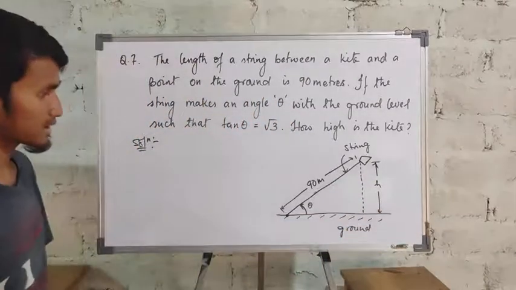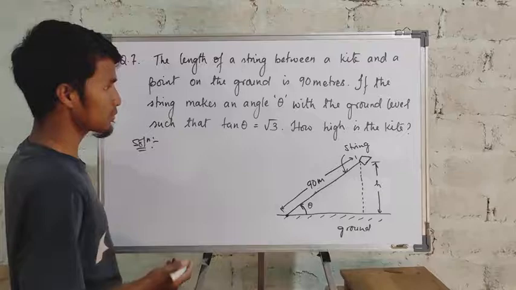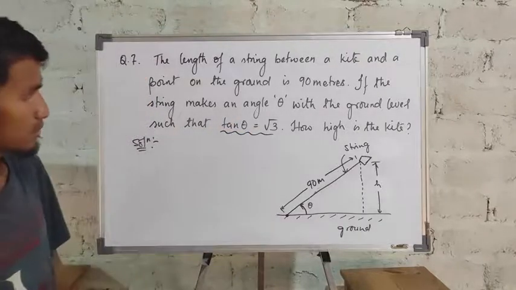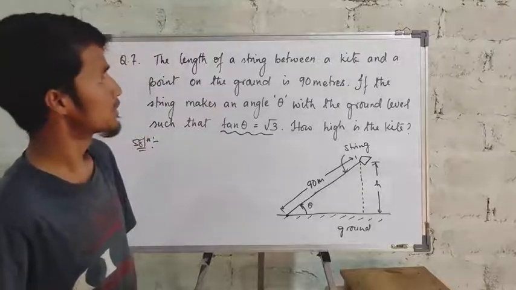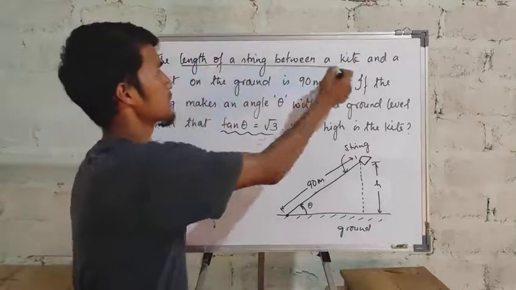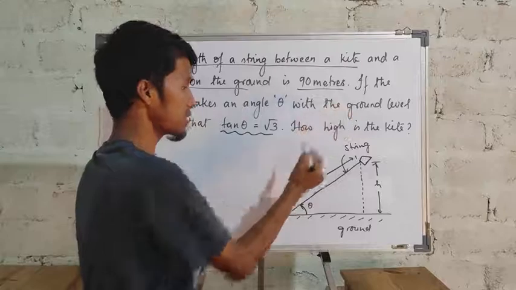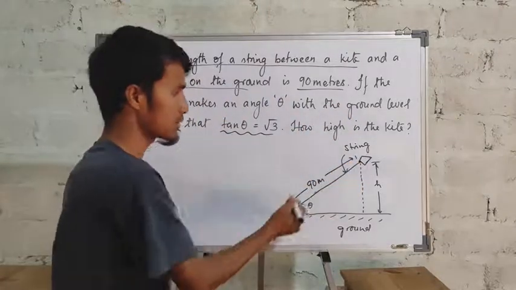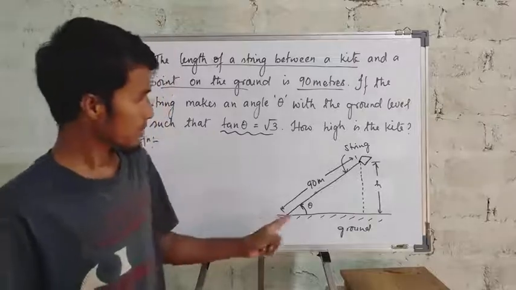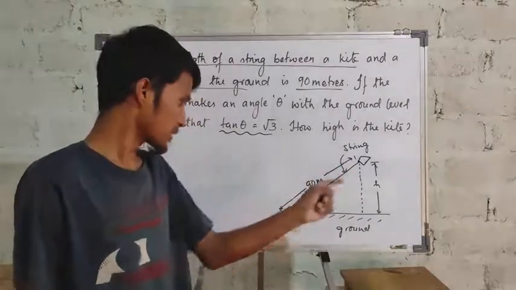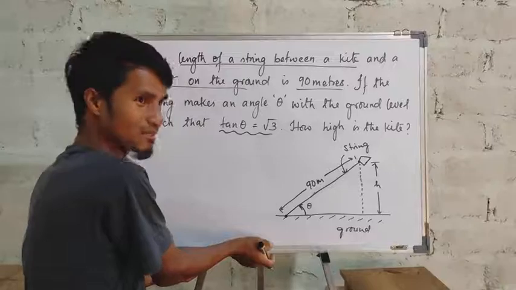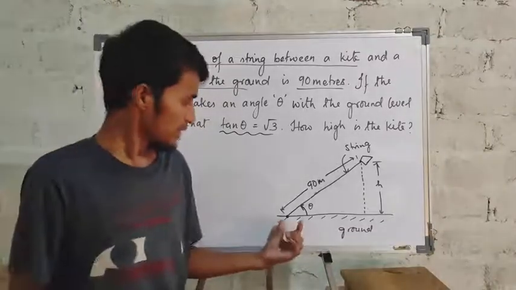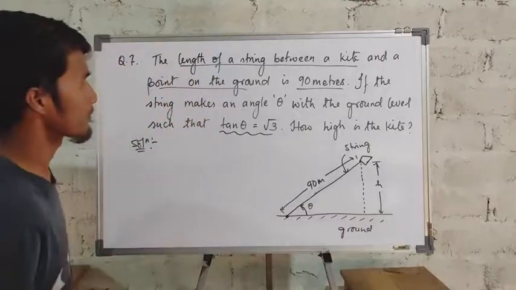But here they don't give exact value of angle, but it given this tan theta. Now we got the diagram, then we can plot the question. Length of a string between a kite and a point on the ground is 90 meter. Okay, then this is the ground.